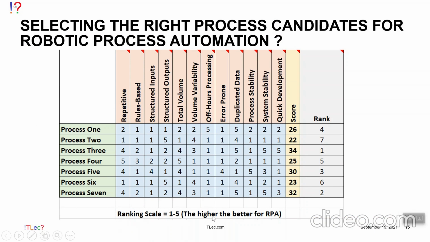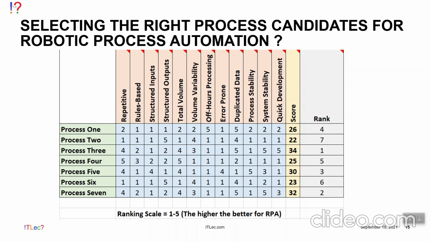The higher is the better for RPA. So we have one criterion: is the process repetitive? Is it truly rules based? Structured input, structured output, total volume, variability of hours processing, error prone, duplicated data, process stability, and system stability, and quick development.